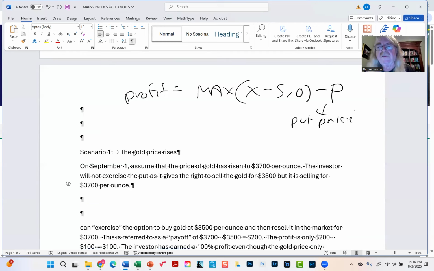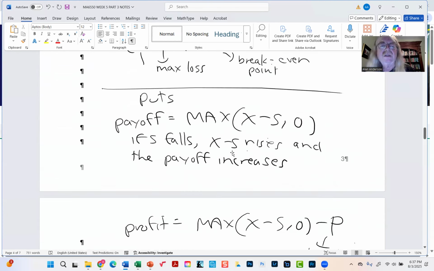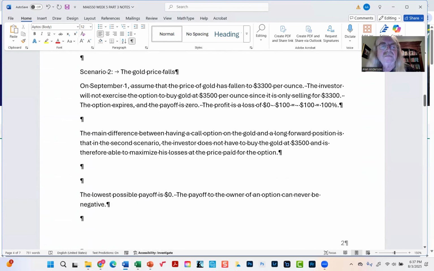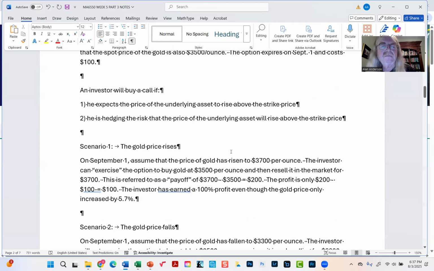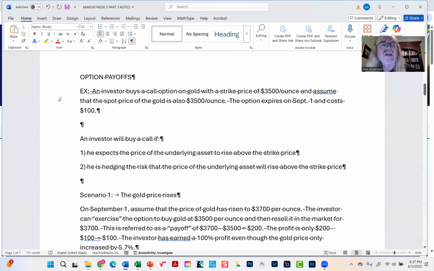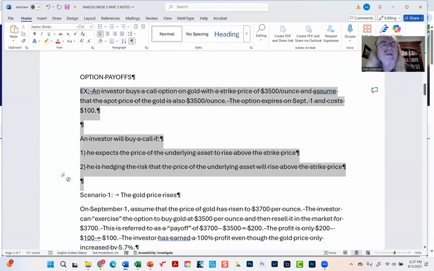So you're not going to sell it for 3,500 when you could sell it for 3,700. Actually, I think I should include this part too. Hold on a sec. That might help. So you know what's going on.